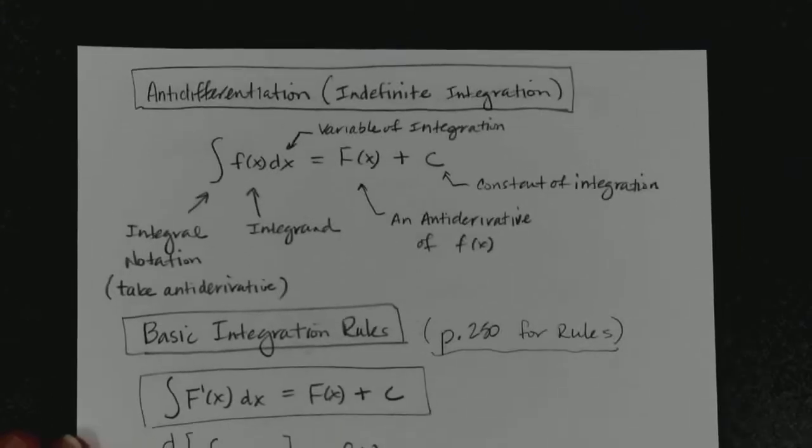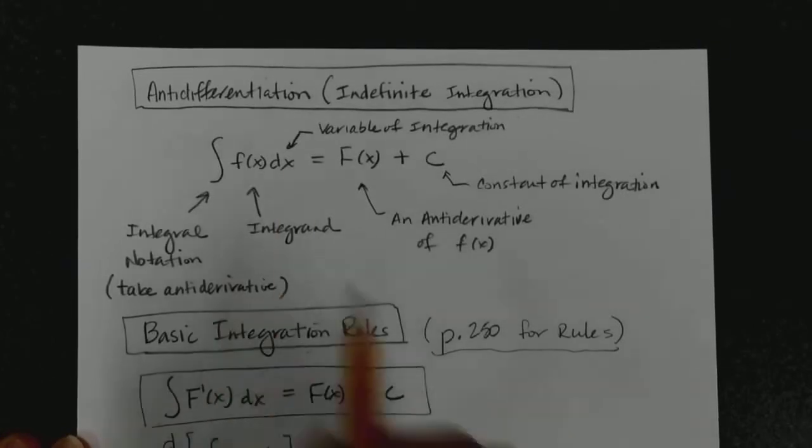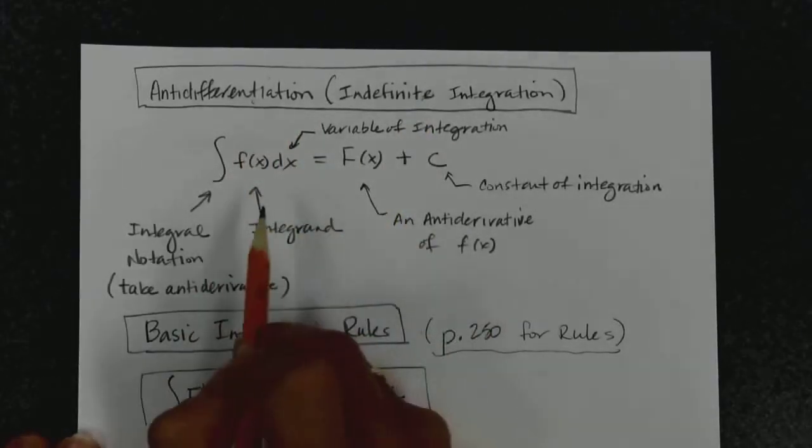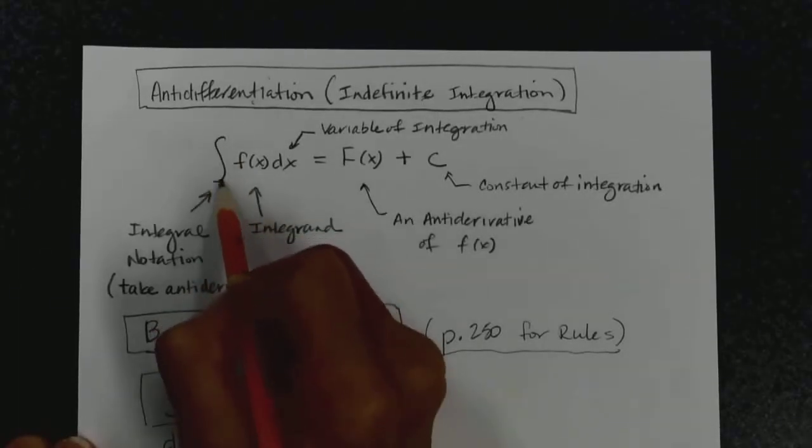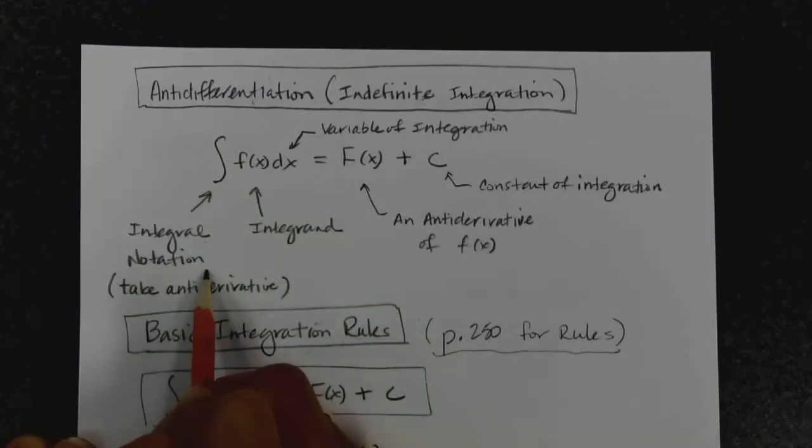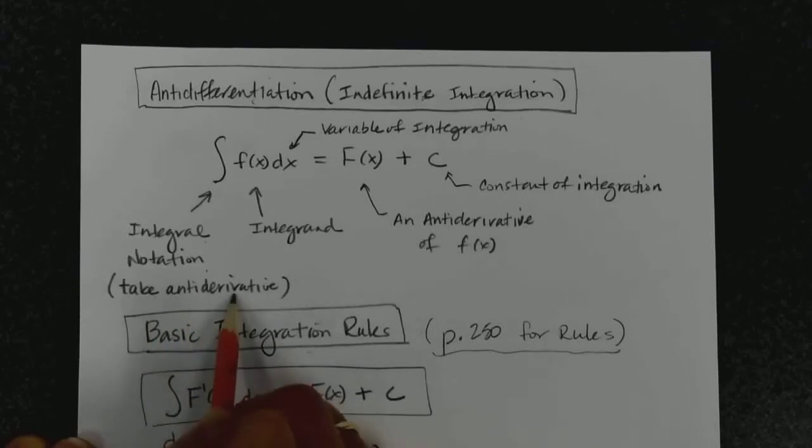Now let me go over some antiderivative notations. Antidifferentiation is the same as the word indefinite integration, so these two are interchangeable. This is the notation for integration, where this symbol is your integral notation, which means take the antiderivative.